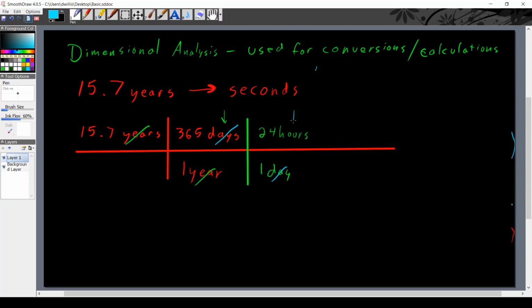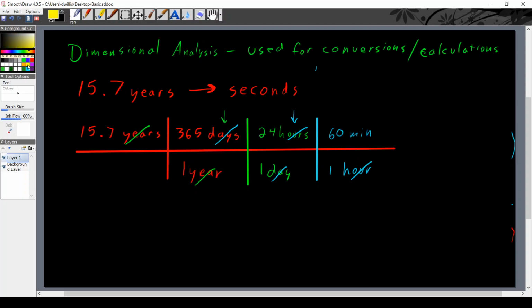And so now we're down to hours, but I'm trying to get down to seconds, okay? And so let's just continue our march. We're now trying to get rid of hours, so let's put hours on the bottom. I know that 1 hour is equal to 60 minutes. And so my hours will go away, and then I'll be down to minutes.